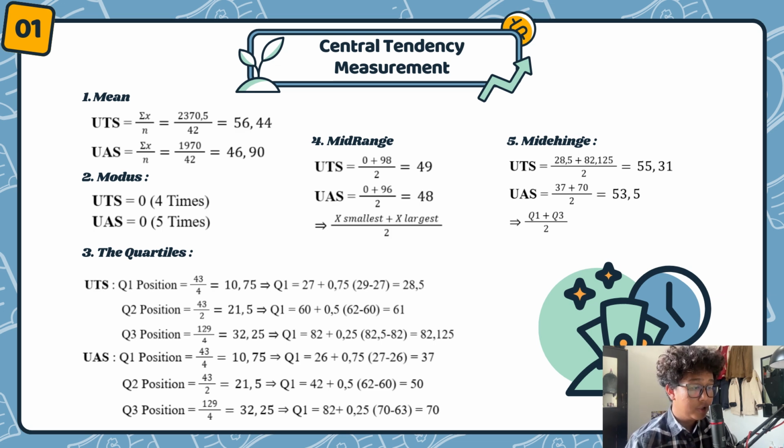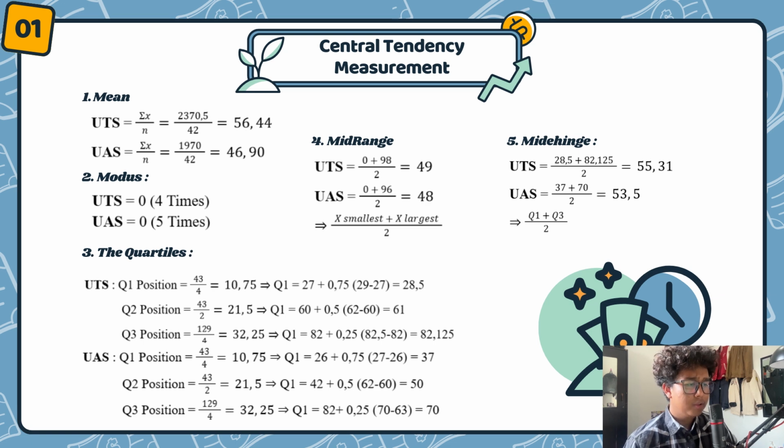And mid-hinge is the lower quartile with the upper quartile being summed up together and then divided by 2. So for the midterm data, we got it around 55.31. And for the final term, we got the mid-hinge is 53.5.